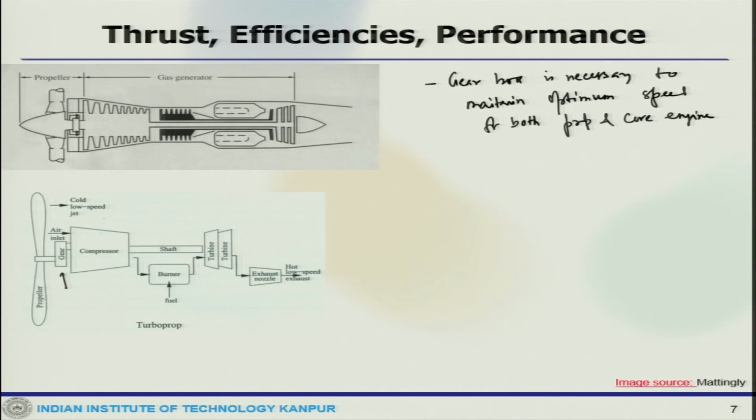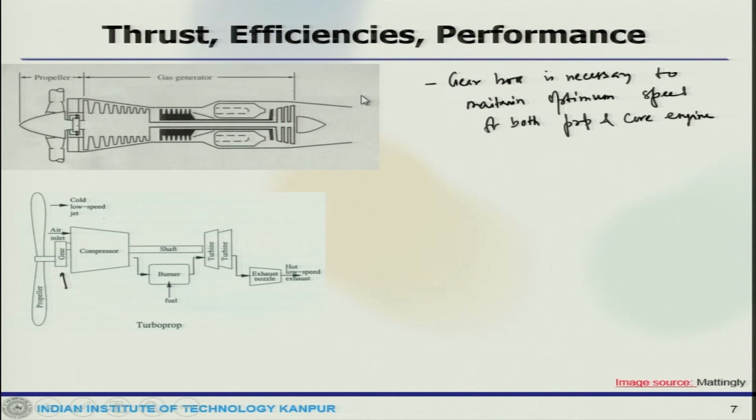Now, in the schematic, if you see, there is a gearbox sitting there, and this is the propeller section, and this is the basic gas generator portion, which has the compressor, LPC, HPC, combustor, HPT, low PT, and then passes through the nozzle. This is the propeller configuration.